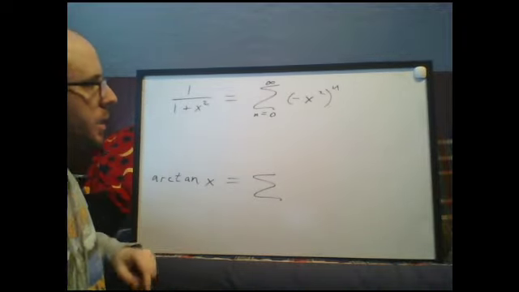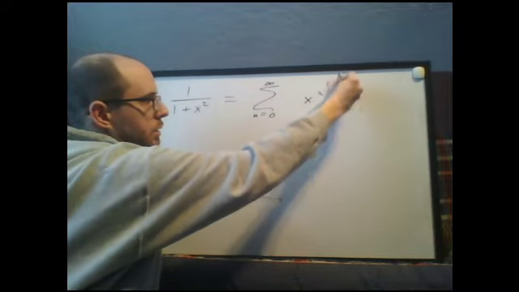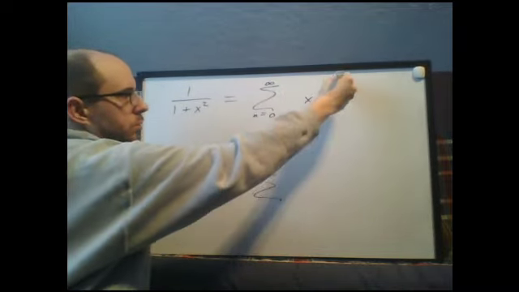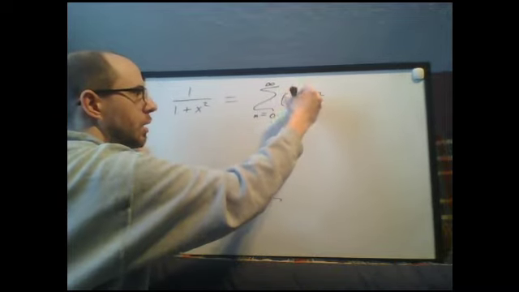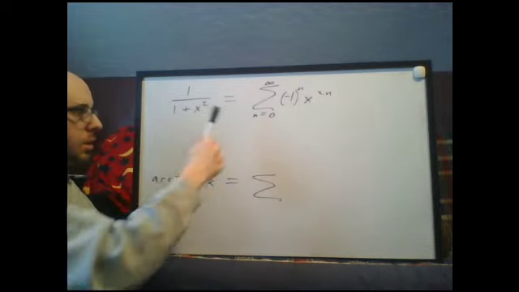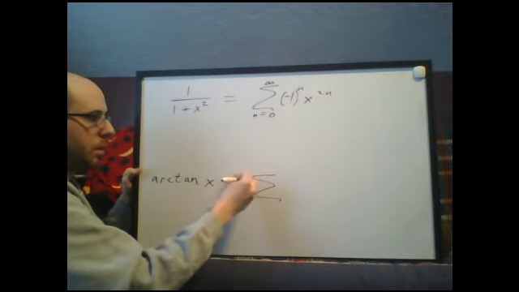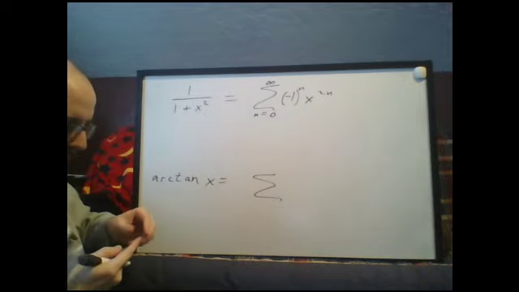And so if I clean that up, that's negative 1 to the n. I guess this is close to one that we started with, isn't it? Negative 1 to the n times x to the 2n. So that's the power series for the derivative of arctangent.